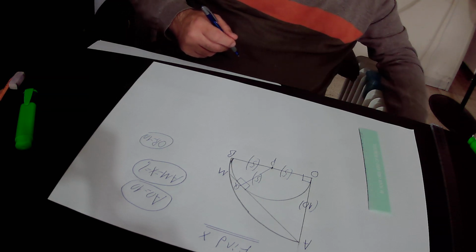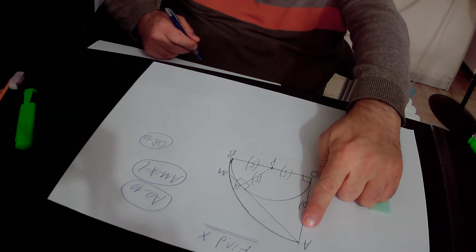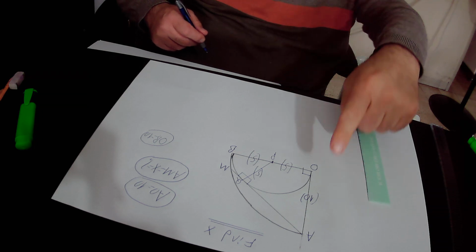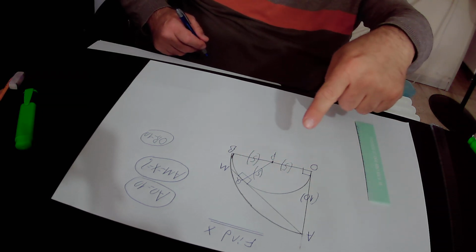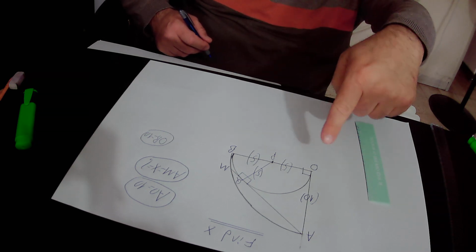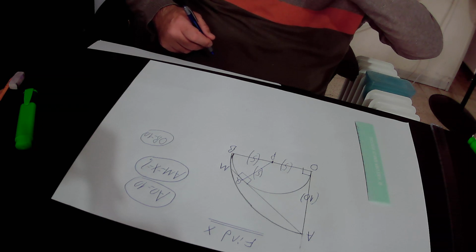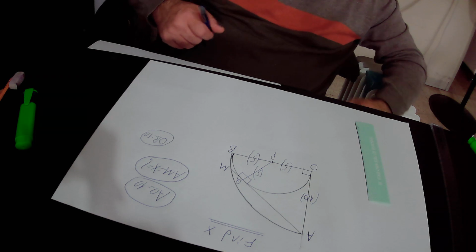In the next step, we'll focus on this point, point A. Point A is an external point in relation to this semicircle, because it is not located inside this semicircle, nor on the semicircle, but it is located outside this semicircle, therefore it is an external point in relation to this semicircle.